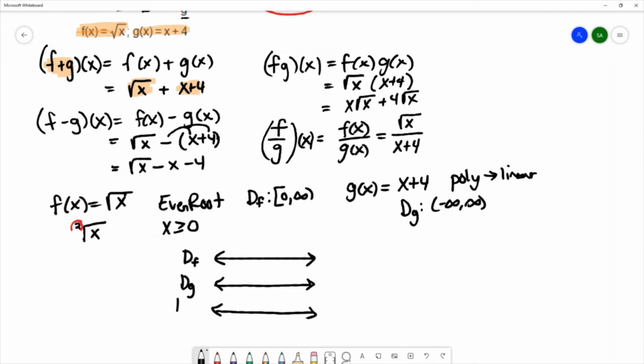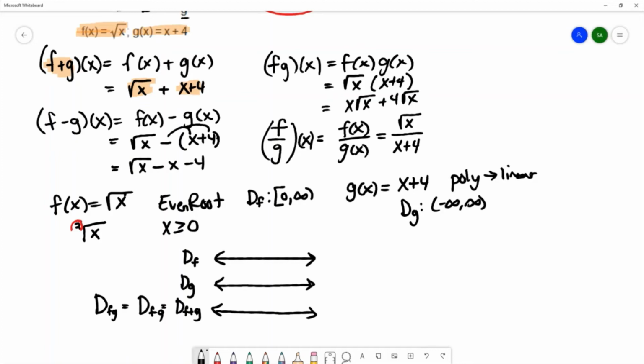All three of those are going to be the same. Notice I left off division. I'll explain why I left off division in just a moment.